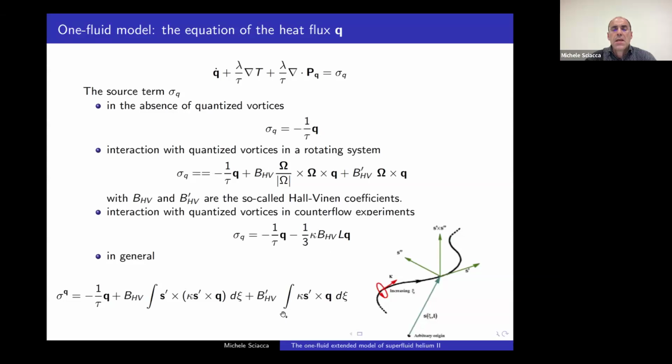Or in general, you may consider an integral over a volume where different vortices are considered. S prime is the tangent vector along a vortex line. So in this case, you need to consider the vector product with respect to the heat flux field. And you can make much more complicated systems.